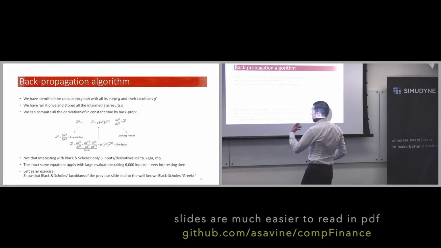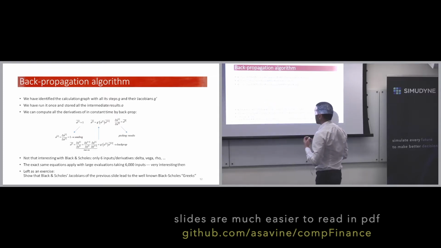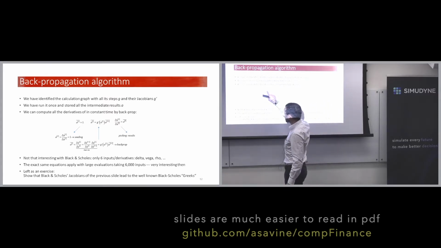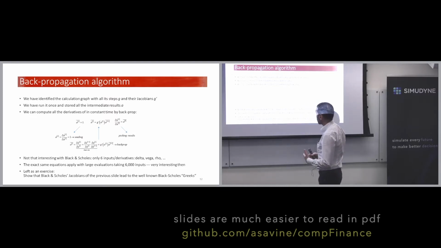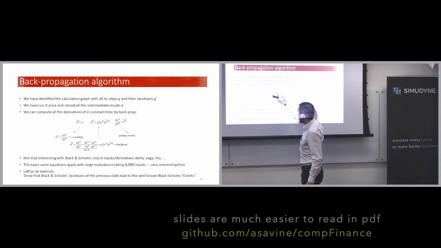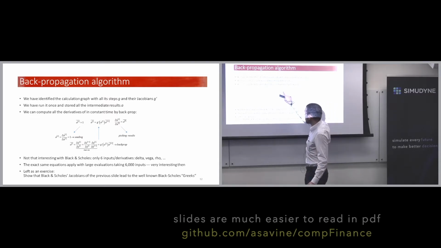So first I have a seeding step where I have an initial condition for my adjoint equation, which is that the sensitivity of the final result to itself is 1. It's rather trivial. Then I have a backpropagation equation, which is an application of the chain rule that gives me the adjoint of any layer as a function of the next layer and a known Jacobian.